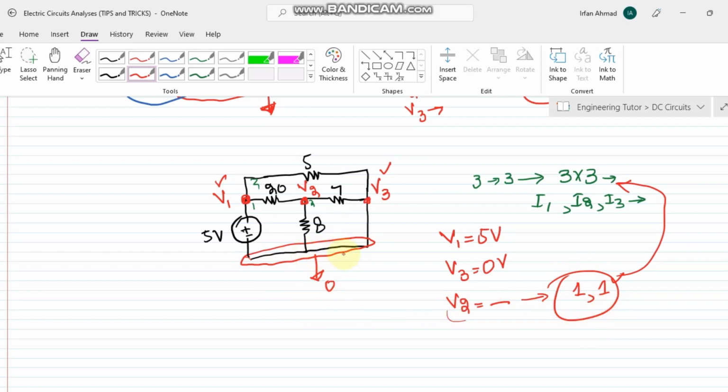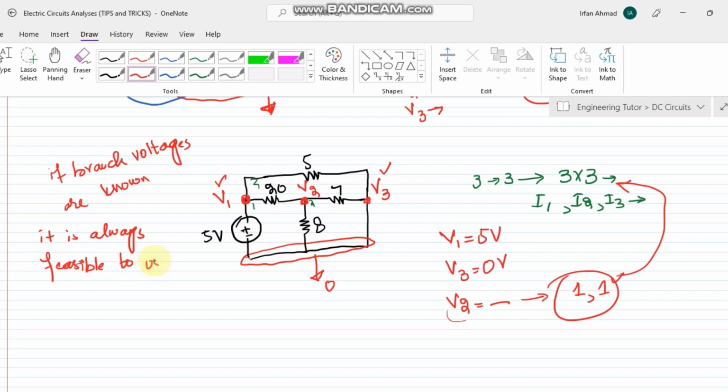So it always depends upon the method which you are going to prefer. If you are given any branch voltages in any circuit, if branch voltages are known, it is always feasible to use nodal analysis.